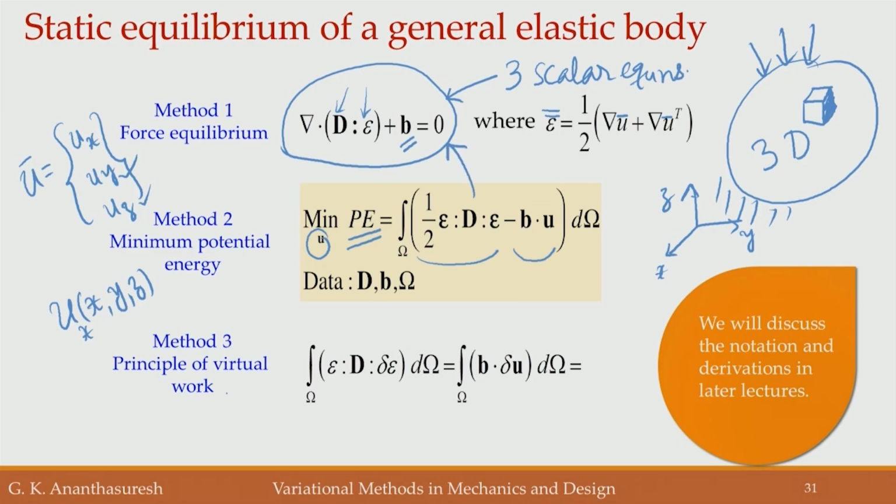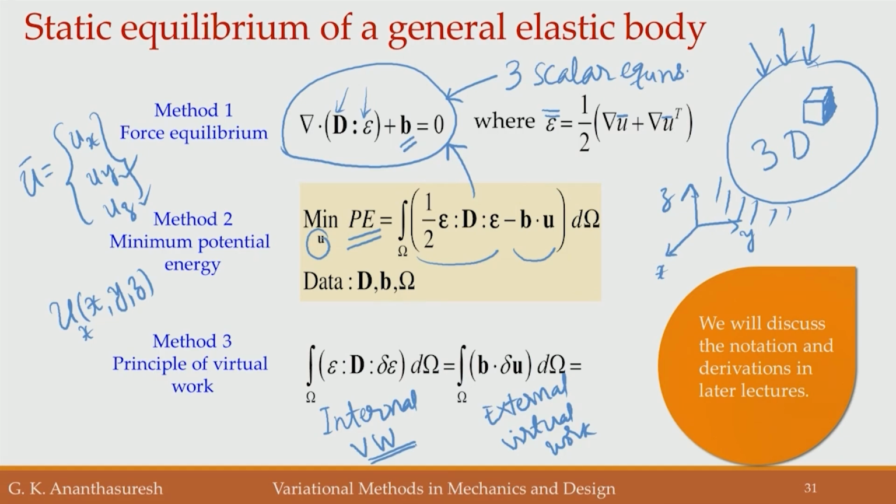Or you can go to the method 3, where you can write the internal virtual work, which is given by this. This is internal virtual work, and this is the external virtual work, which I have indicated with 2 letters VW.